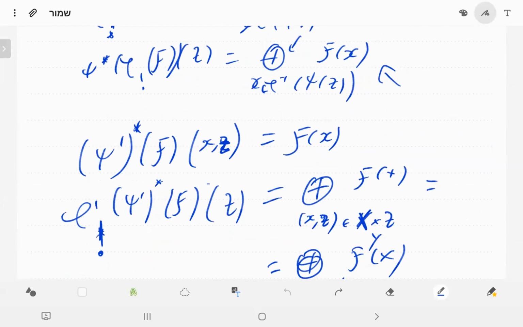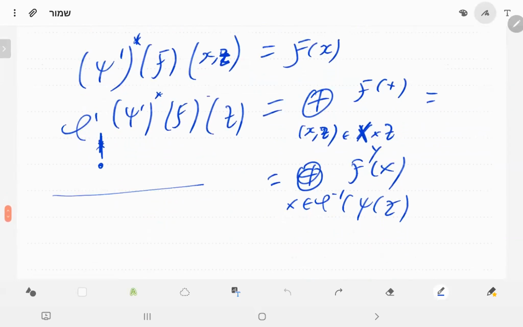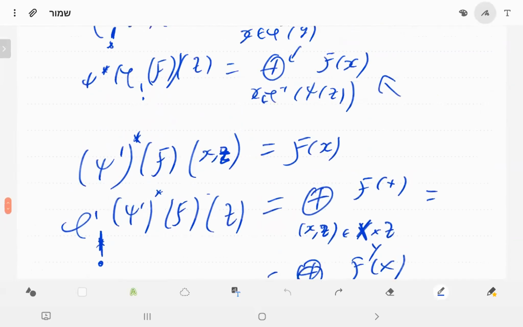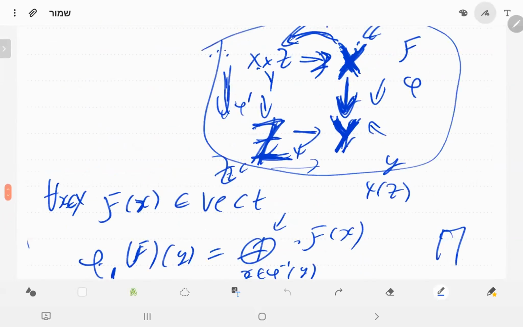So why did I say about star before that I like shriek more than star? So base change is something really very, very general in mathematics, in geometry. So each time you have a pullback diagram, it's often convenient to think about it in a non-symmetric way.